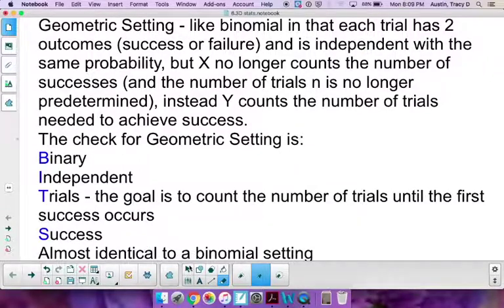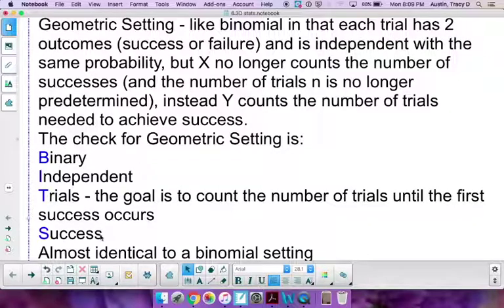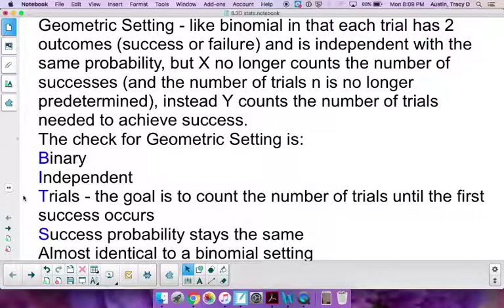So again, for the successes, that means that the probability stays the same. Okay, so that's the one major difference between binomial and geometric, that we're never counting more than one success.